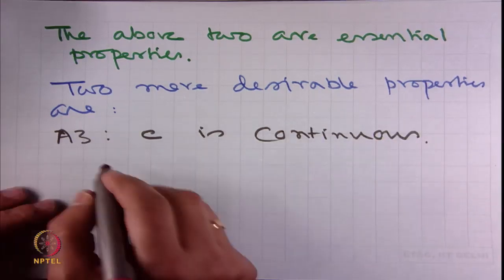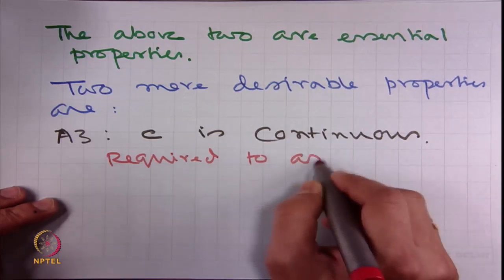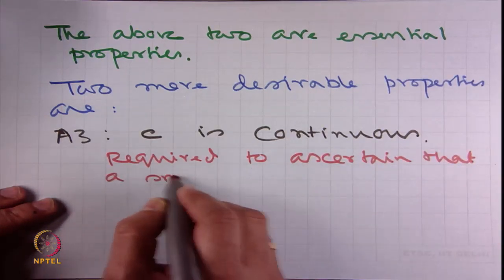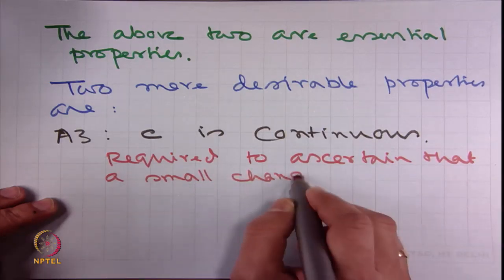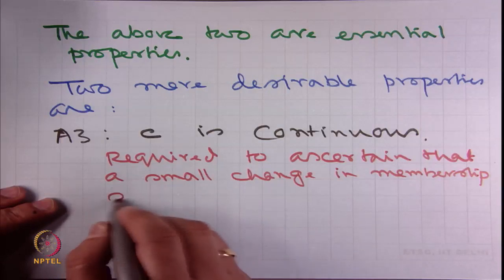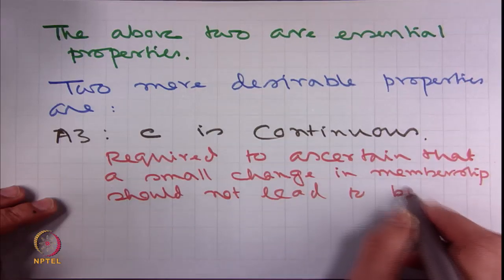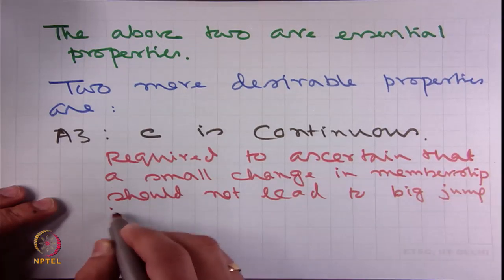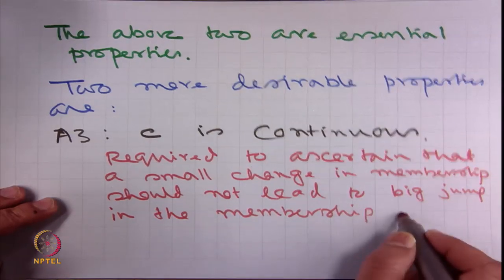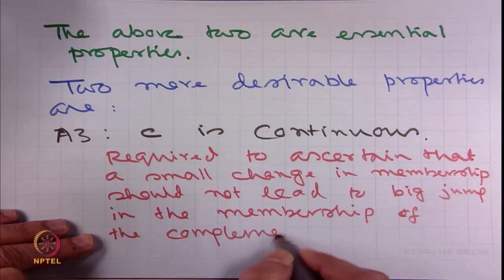This is required to ascertain that a small change in membership should not lead to a big jump in the membership of the complement set.